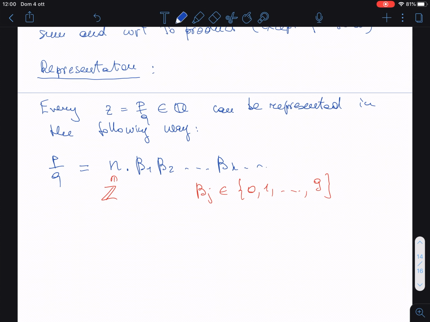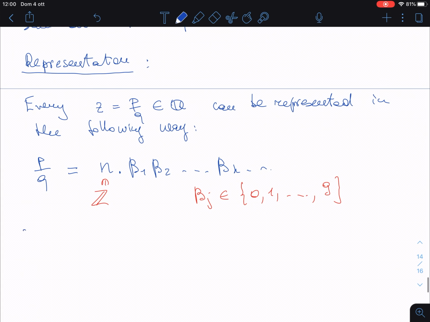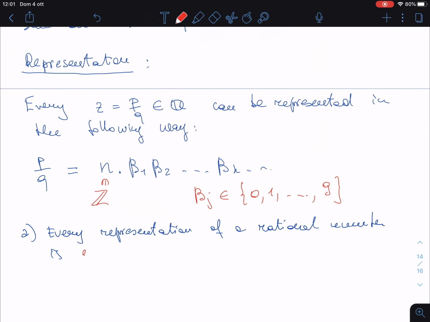And the first point is that every representation of a rational number is eventually periodic.